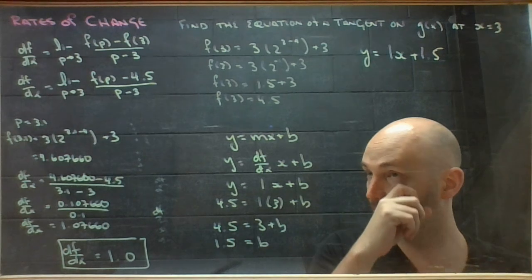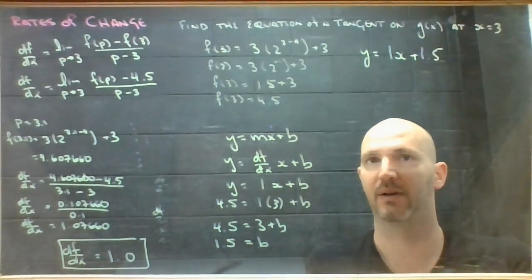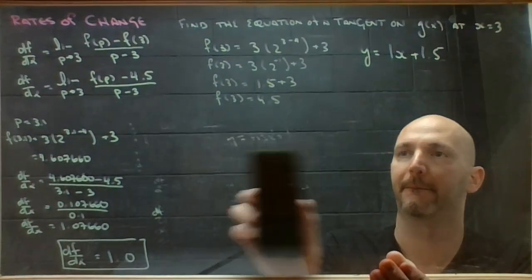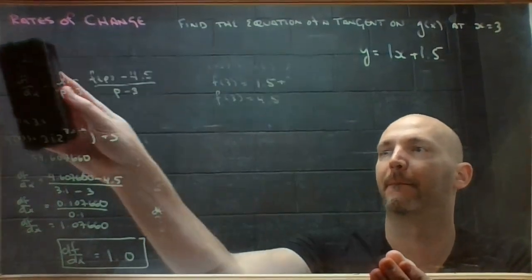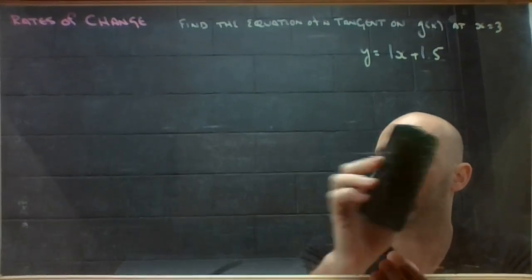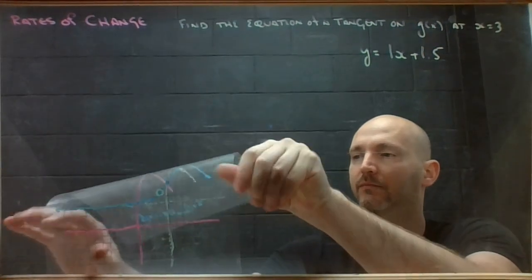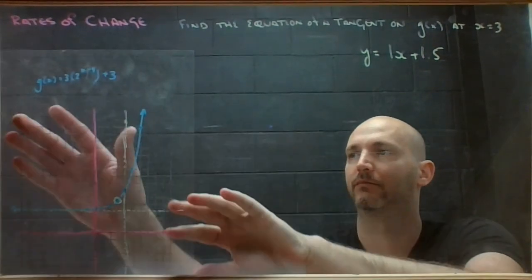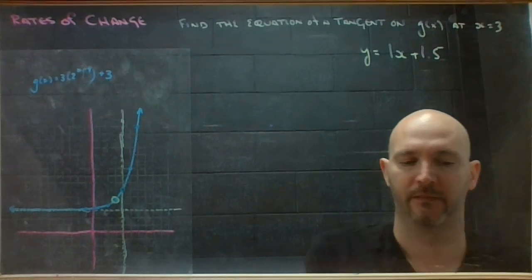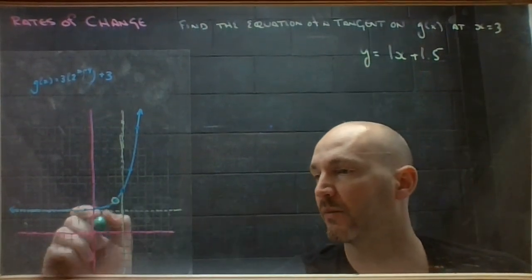I'm going to clear off all this mess so I can put my sketch back on. There it is. Okay, so this line here has a y-intercept at 1.5.